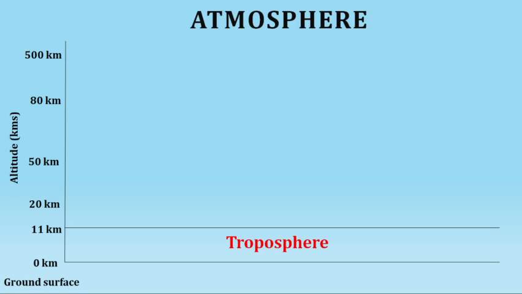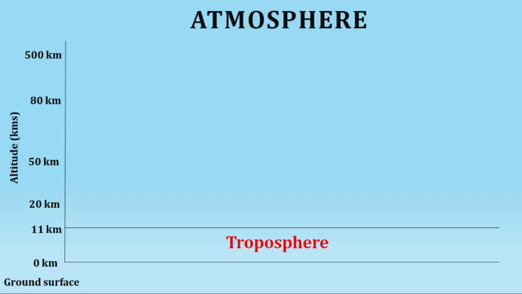But if you reach the polar regions and try to measure the height of the troposphere layer of the atmosphere, then it will end at an altitude of 8 kilometers. So there is a great variation in the range of the troposphere at different locations on this planet. We'll discuss why this variation is there in this layer.